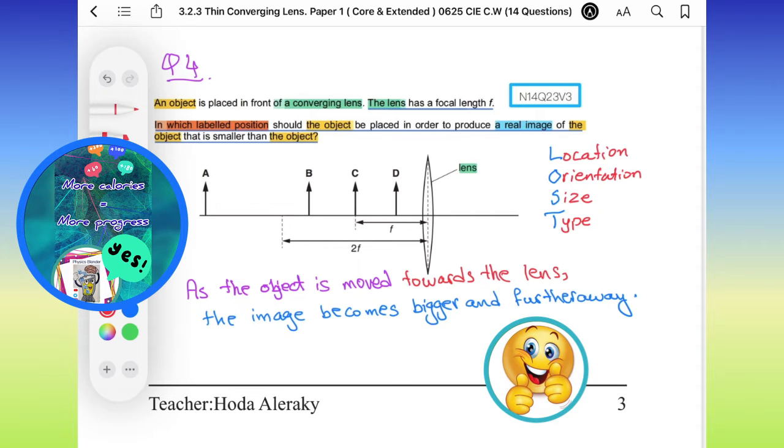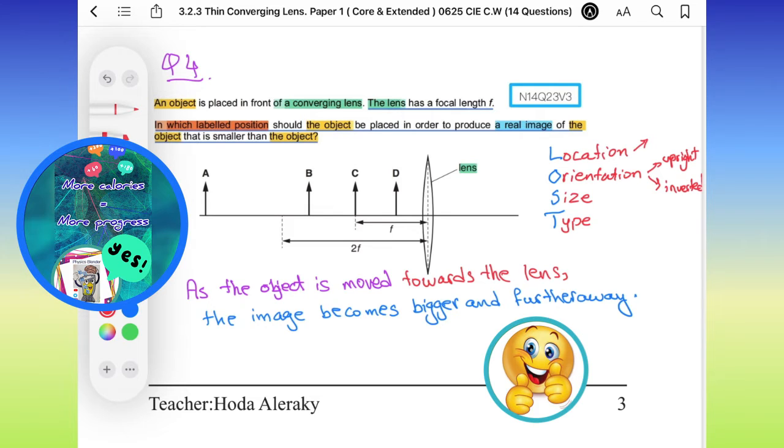What do you mean by location? Where the image is formed. Between F and 2F, is it in front of the lens, behind the lens, the distance between the image and the lens, and so on. Orientation, if it is upright or inverted.